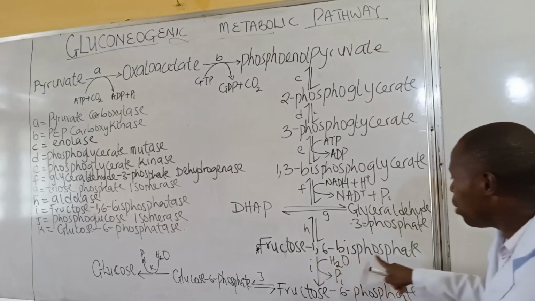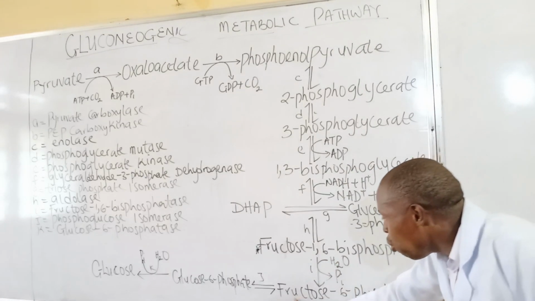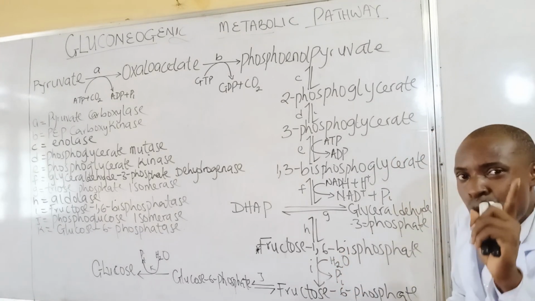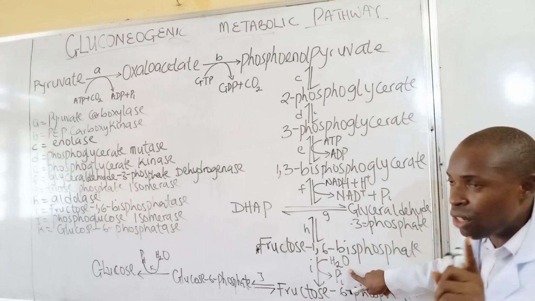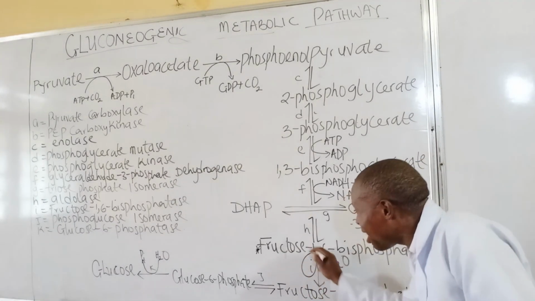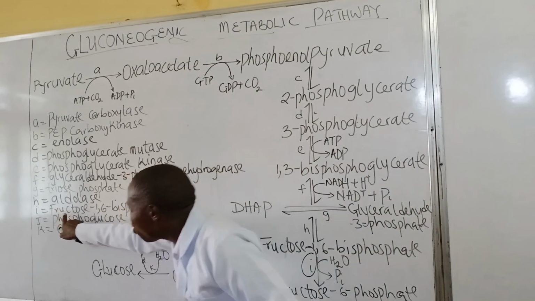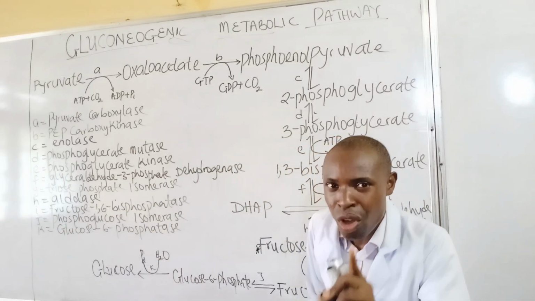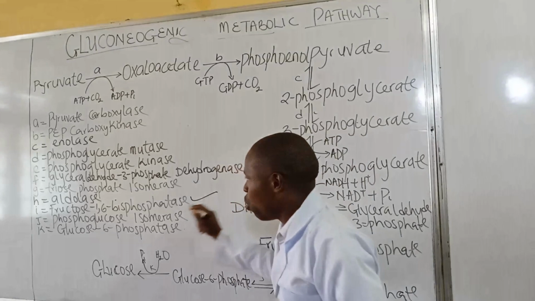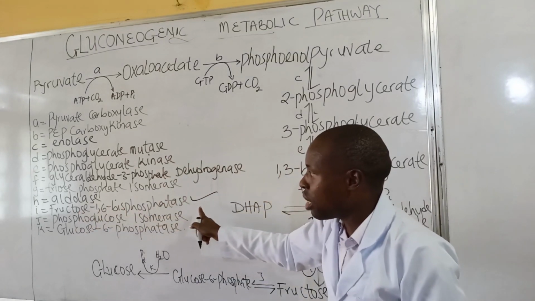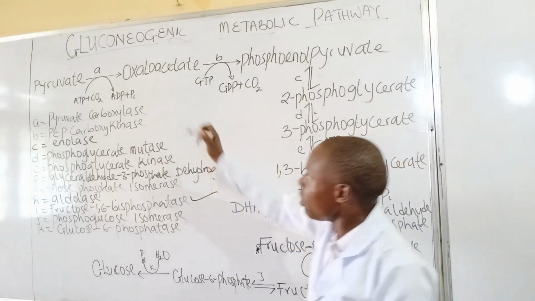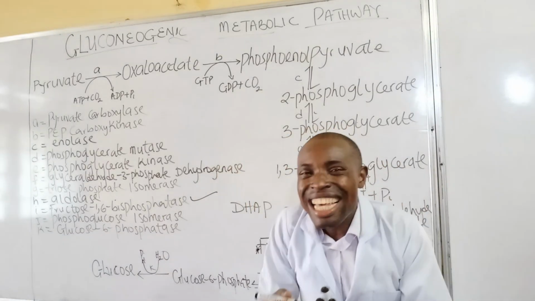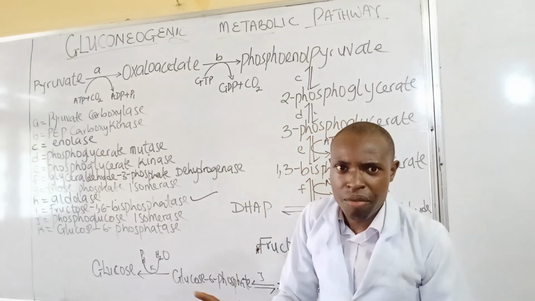From fructose 1,6-bisphosphate straight down to fructose 6-phosphate, one molecule of water enters to release one inorganic phosphate. The enzyme that controls this step is called fructose 1,6-bisphosphatase. Take note, the rate limiting enzyme is fructose 1,6-bisphosphatase.